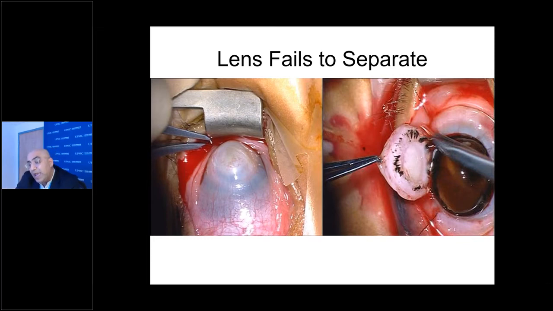And that's why these cases tend to do less well. If you have to remove the lens, or if the lens is not present or is partially degenerated when you do a corneal transplant, the survival rates of that transplant drop dramatically.